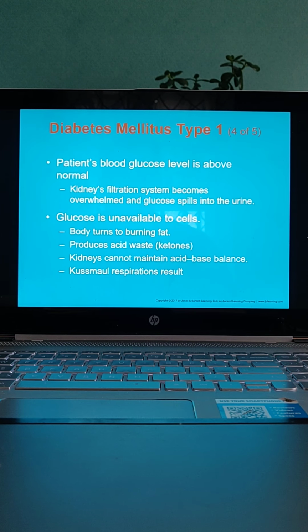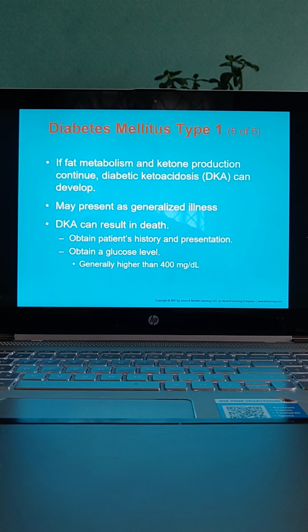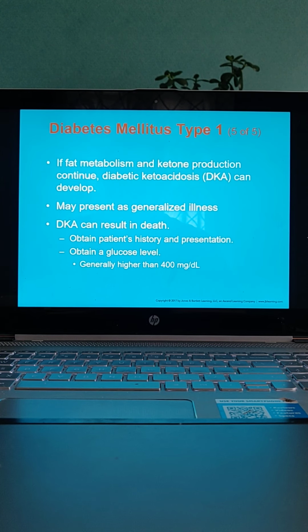Kidneys cannot maintain acid-base balance. Kussmaul respirations result. If fat metabolism and ketone production continues, diabetic ketoacidosis, DKA, can develop. It may present as a generalized illness. They don't feel good. They don't know what's going on. DKA can result in death.